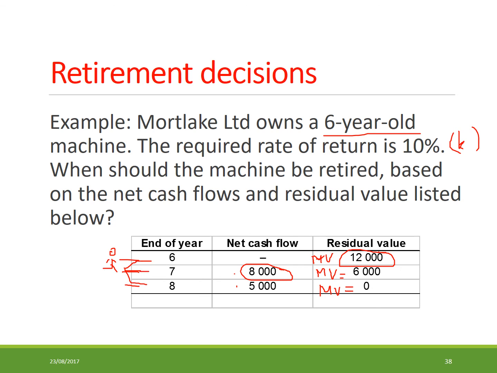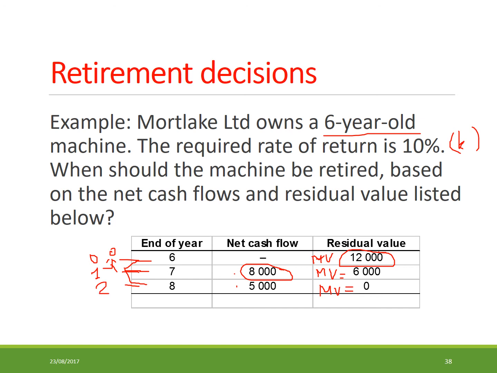If we sell the project today, we get one cash flow, which is $12,000. If we sell the project in 1 year's time, we get one cash flow plus the sale price, so we get two cash flows in year 1 in this case. If we sell the machine in year 2, this is year 0, year 1, year 2.